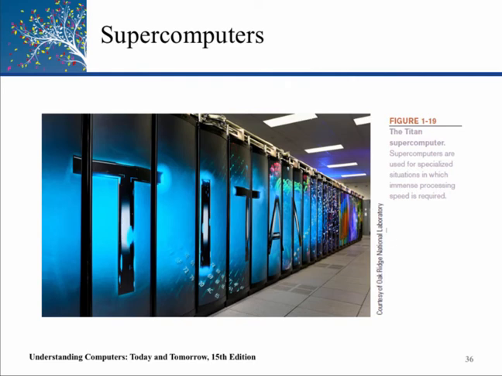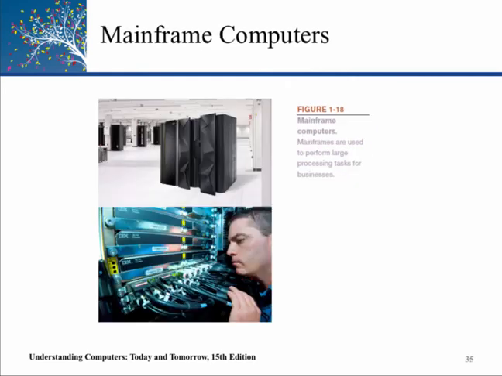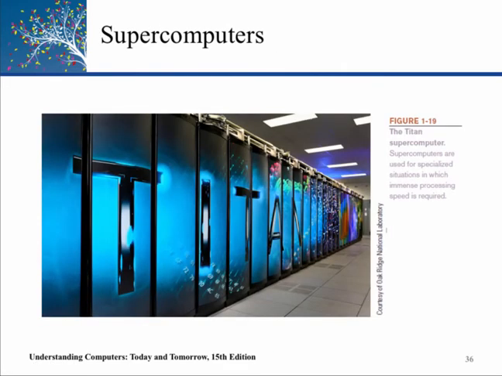Now, to contrast, there may be millions of dollars in mainframe computers that are all linked together. So more than one computer linked together. These supercomputers are just one large computing platform. They tend to be huge. You can see this one here. This Titan is just a big piece of machinery.